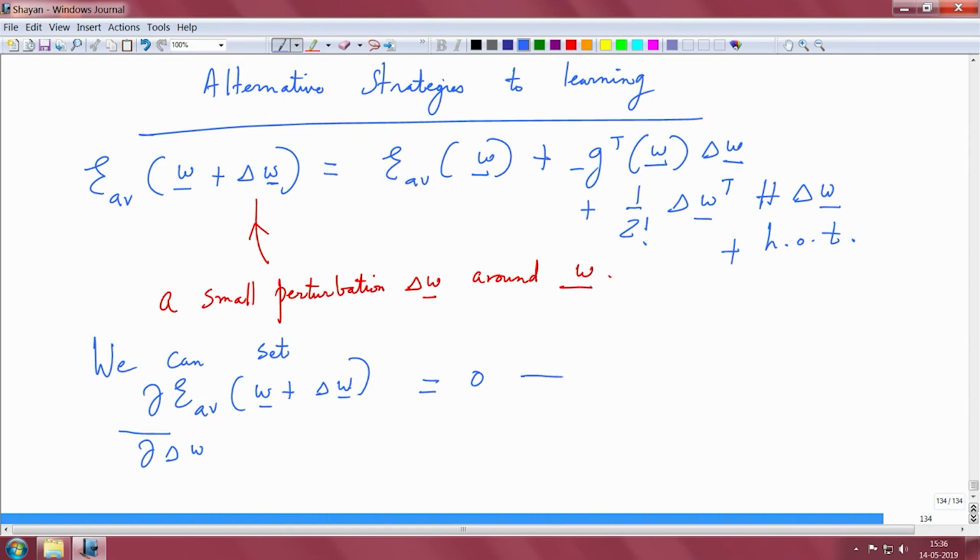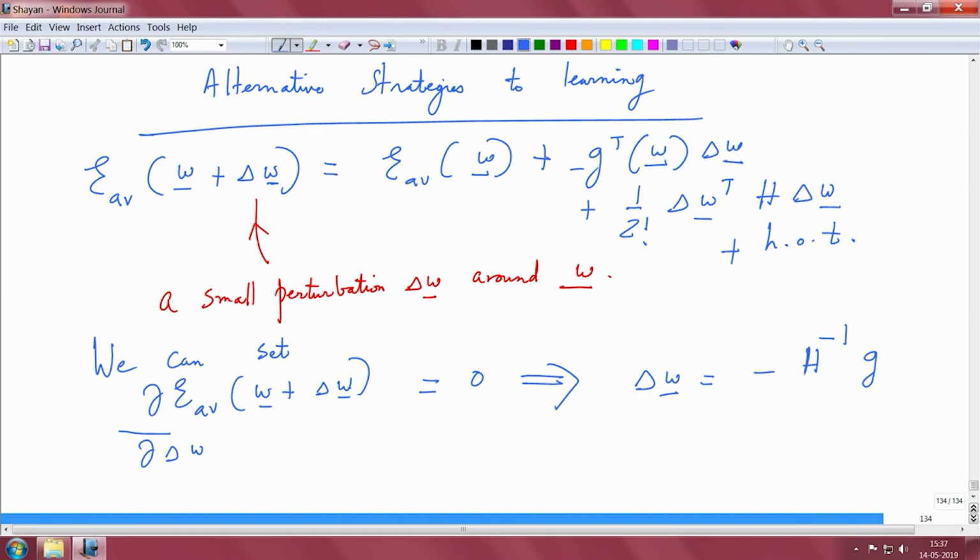By doing standard matrix calculus, we can land up with a solution which is of the form minus H inverse G, right. So, this is a matrix.